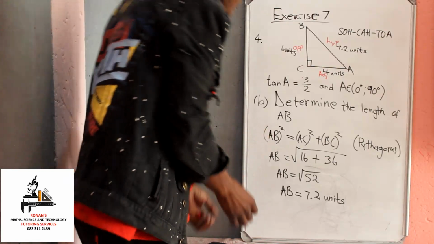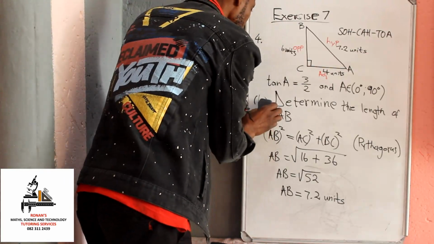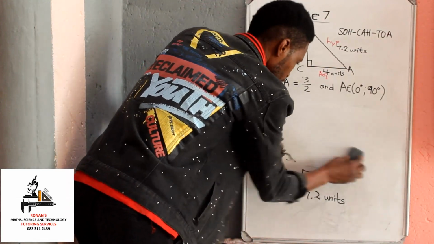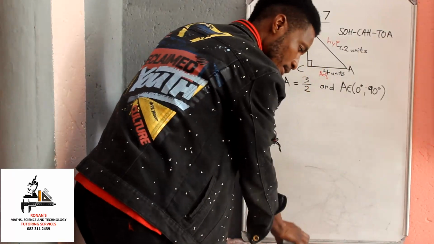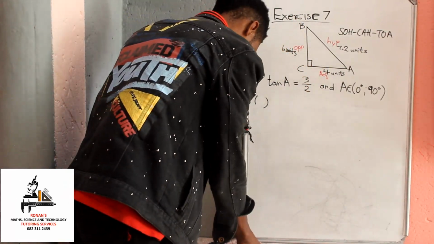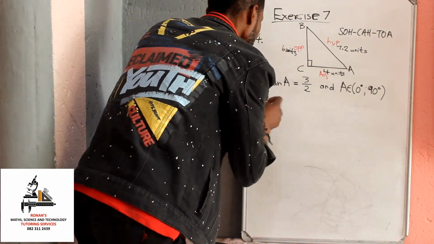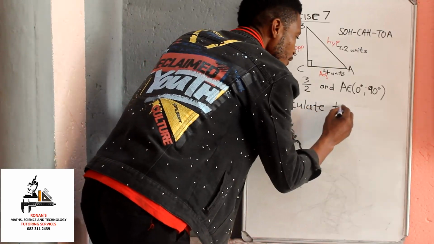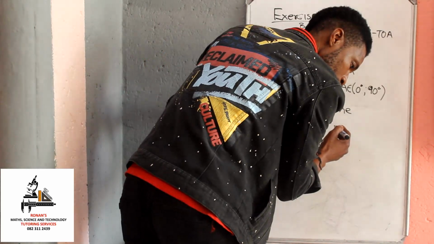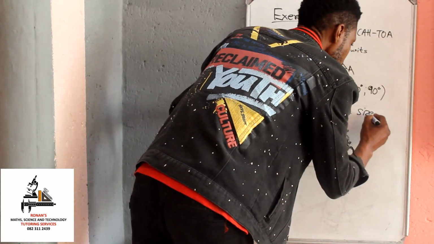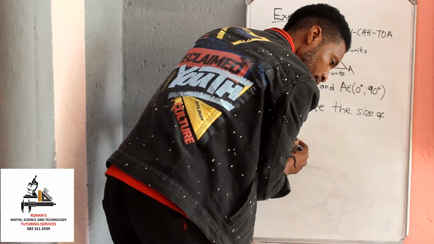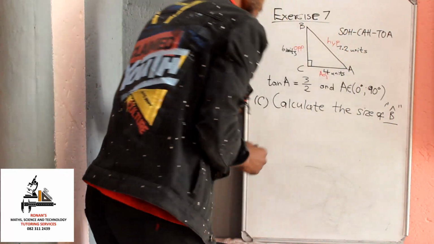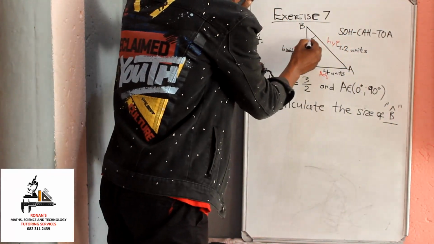Great. And then part C tells us to calculate the size of angle B. Now angle B is an angle right over there.